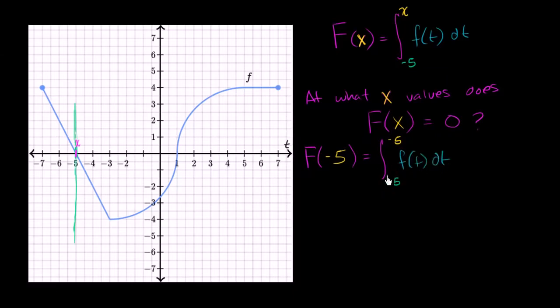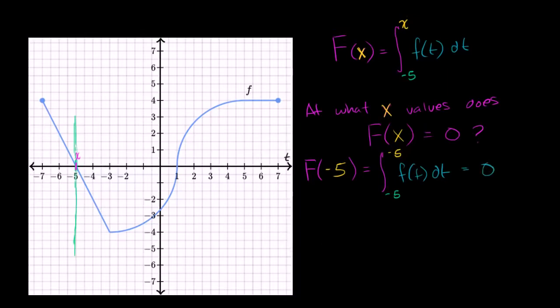Well, you have the same boundaries here, so this is going to be 0. Once again, this area, you have no width to this area, so this is going to be equal to 0. So we can list x equals -5 as being one of the x values that makes capital F of x equal 0. But let's see if we can find more of them.